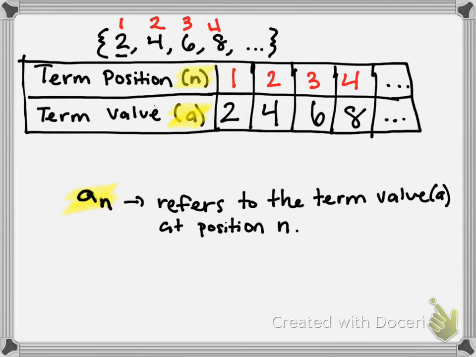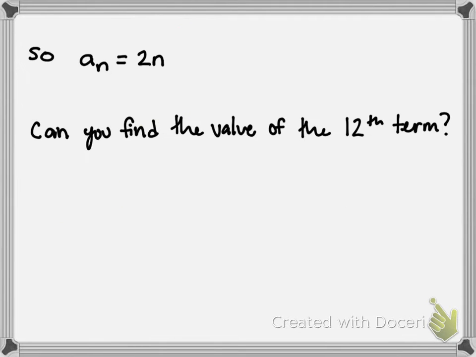So if I wanted to find the value of the fifth term, well, what's it going to be? In this sequence, because it goes 2, 4, 6, 8, my fifth term is going to be 10, right? The value of the sixth term would be 12. So today we're going to practice writing recursive rules so that we can figure out the value of the next term.